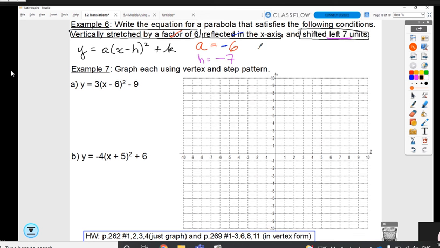So what we get is y equals negative 6 bracket x minus negative 7 squared, and then there was no vertical anything, so I suppose you could say plus 0 if you wanted to. Not necessary, but it didn't really move. But what we do want to do is simplify this minus negative 7. We'll get negative 6 (x plus 7) squared, and I suppose plus 0. There was no vertical shift.